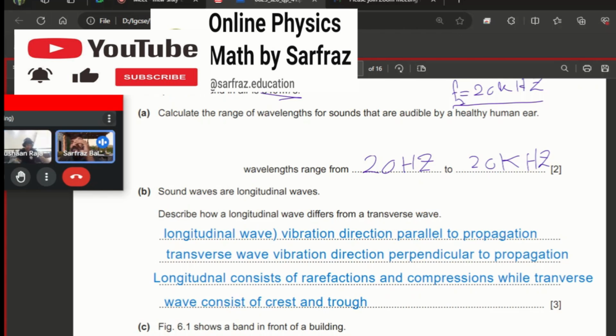I will give you that water waves in a pond or in a lake are an example of a transverse wave. So can you predict the direction and the motion of the particle for that wave produced in a lake?